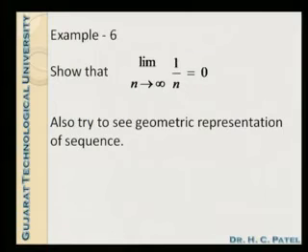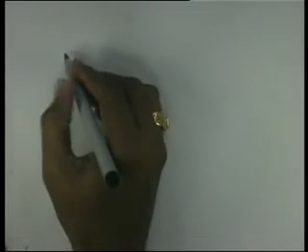As we have seen the definition, let us try to prove this example with that definition. We have to show that limit n tends to infinity 1/n is equal to 0, and we will also try to see its geometric representation of the sequence on the real line. Let us see on tabletop.